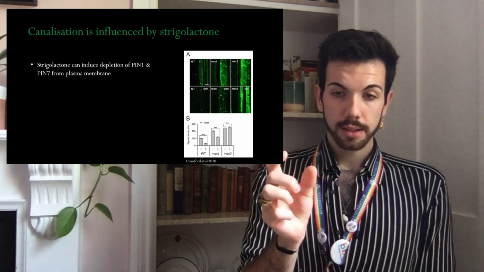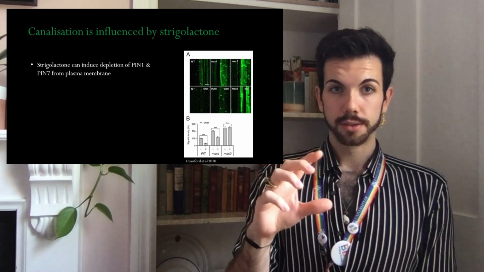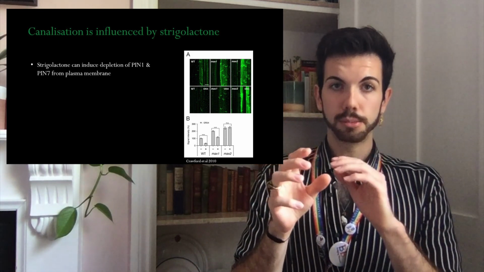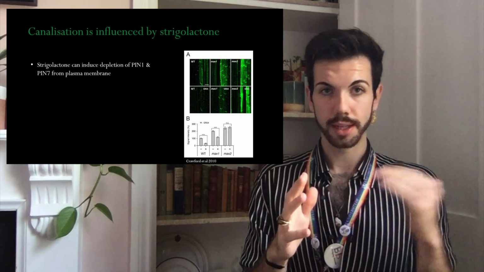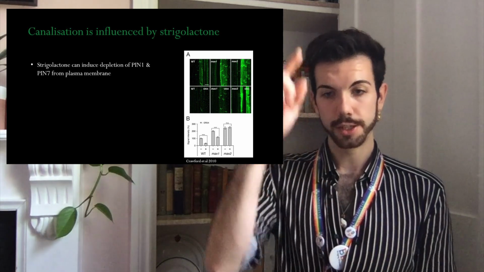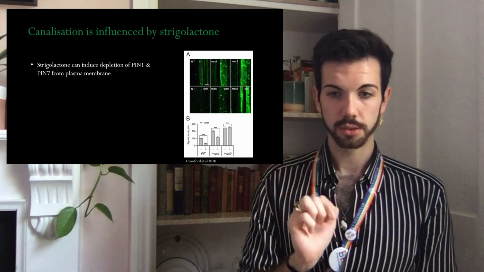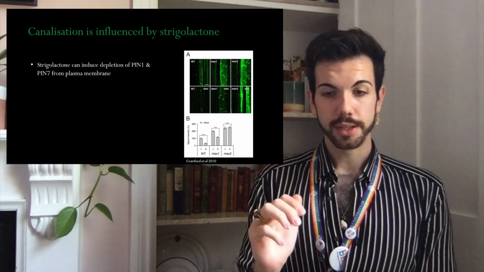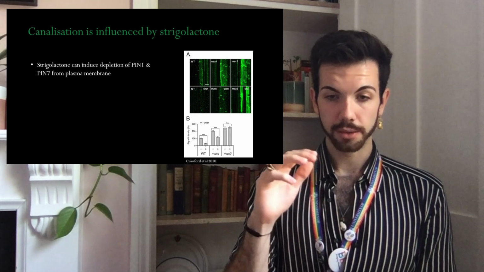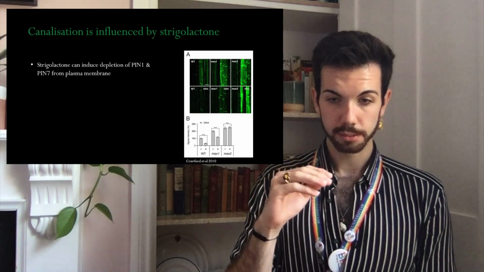But the middle panel is a MAX1 background. So this mutant is unable to sense strigolactone. Even if we're adding strigolactone, it shouldn't be able to respond to that. And you can see, even when we're applying GR24 in that middle image, there isn't really a change in the amount of polar PIN1 on the basal membrane.